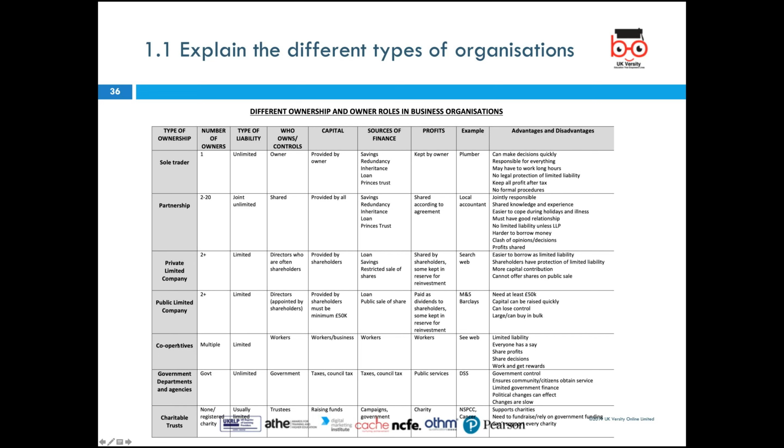Cooperatives is a term used in the UK and in some other European countries, which means that the ownership has multiple owners and the liability that the multiple owners have is limited. Some of the banks in the UK are societies or cooperatives, like Nationwide.